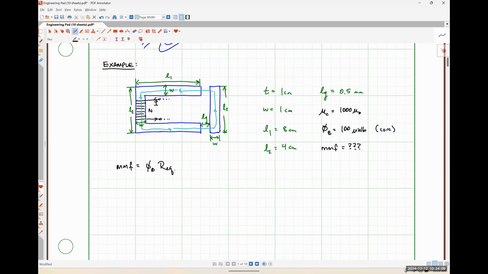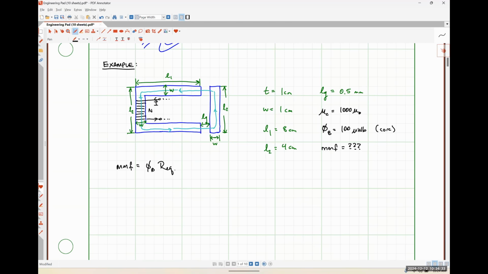Or if I had given you a value of N, we could then figure out the current needed to sustain that flux, et cetera. So I'm going to treat this magnetic circuit as two reluctances in series, where one reluctance is for the core itself, and the other reluctance is for those two air gaps. I'm just going to lump them together as a single equivalent reluctance there.